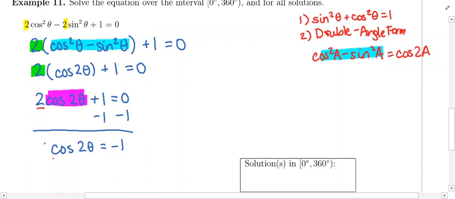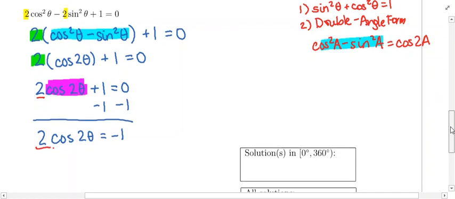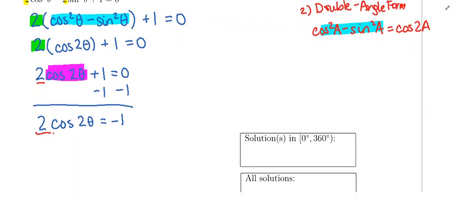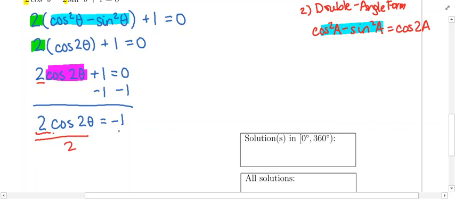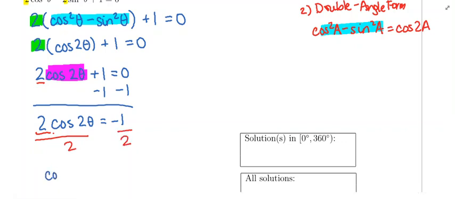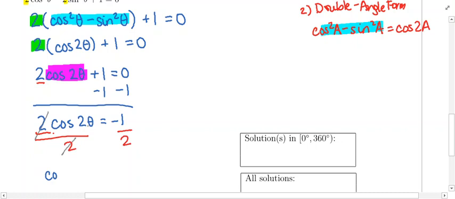Divide both sides by 2. It's only this 2 canceling with this 2. The 2 inside the argument stays put. You can't touch anything that's inside of an argument. So the cosine of 2 times theta is equal to negative 1/2.